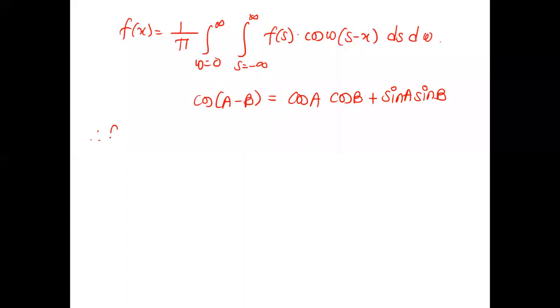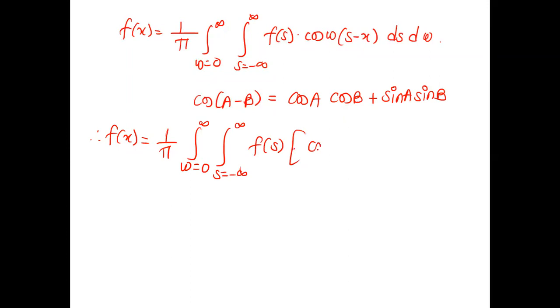So therefore your f of x can be 1 upon pi. This is as it is. f of s into cos a minus b. a is omega s, b is omega x. So it is cos omega s into cos omega x plus sin omega s into sin omega x, ds d omega.